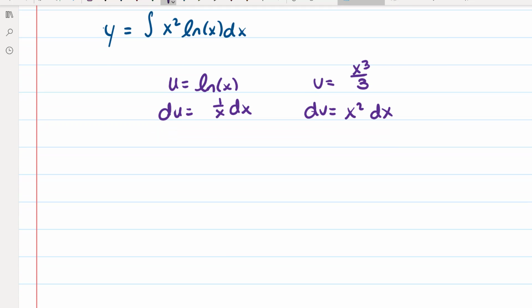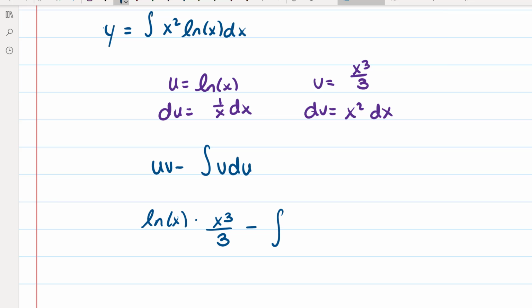All right. So I'm going to rewrite my integral: uv minus the integral v du. So it's ln of x times x cubed over 3 minus the integral of v, x cubed over 3, times du, 1 over x dx.